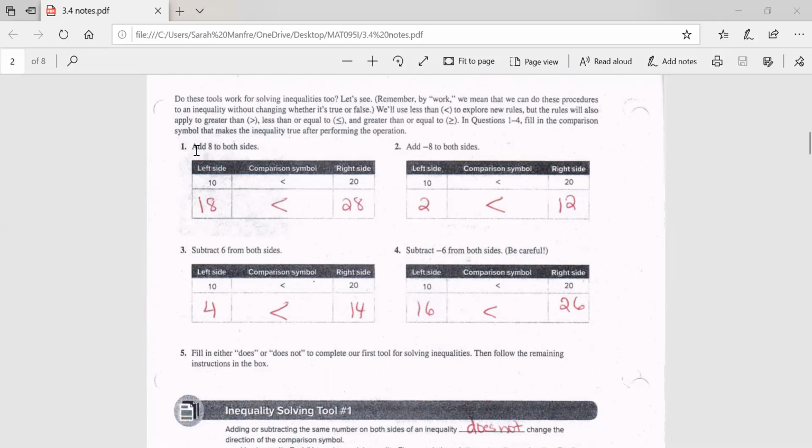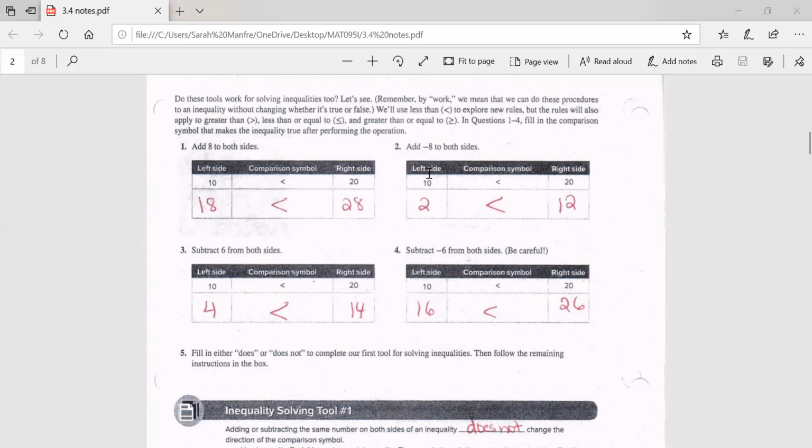For example, number 1, it says add 8 to both sides. So 10 plus 8 is 18, 20 plus 8 is 28. Which direction would the inequality go? Is 18 less than 28, or is 18 greater than 28? Well, 18 is less than, so I'm keeping the exact same symbol. Now it says add -8.